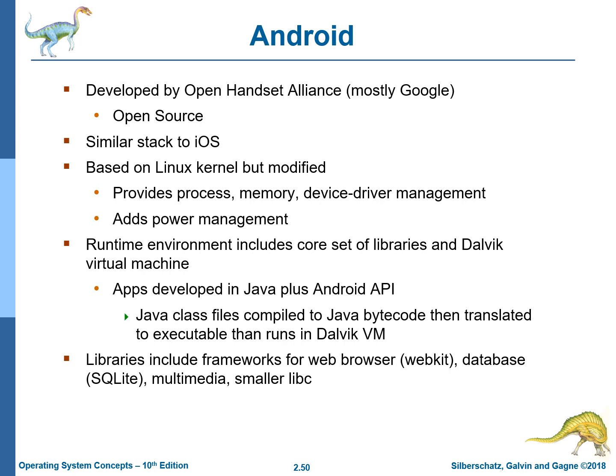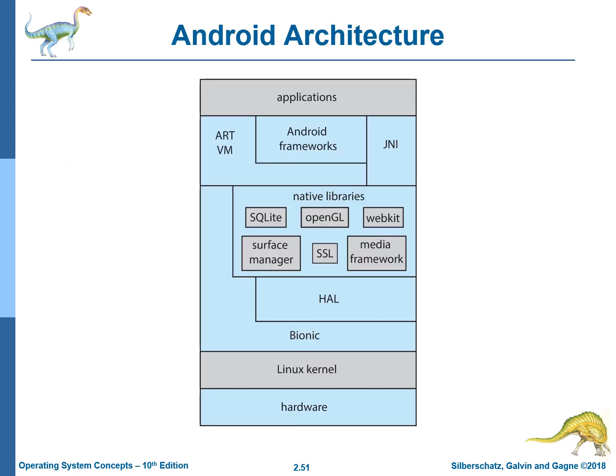The apps are developed in Java plus the Android API. Java class files are compiled to Java bytecode, then translated to an executable, which then runs in the Dalvik virtual machine. Libraries include frameworks for a web browser like WebKit, the database SQLite, multimedia, and smaller ones. As you can see here, this is the Android architecture.